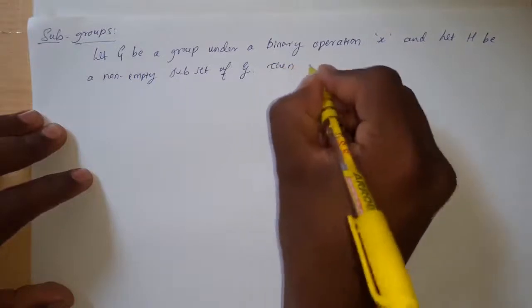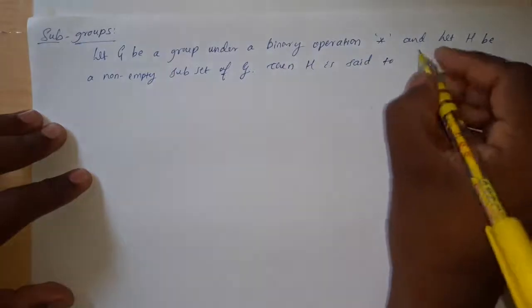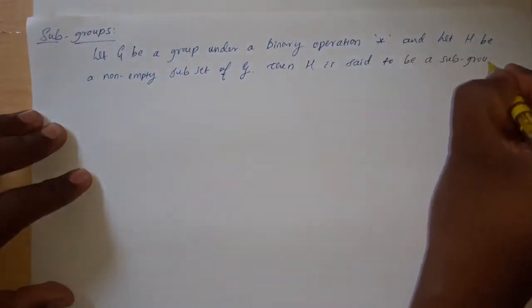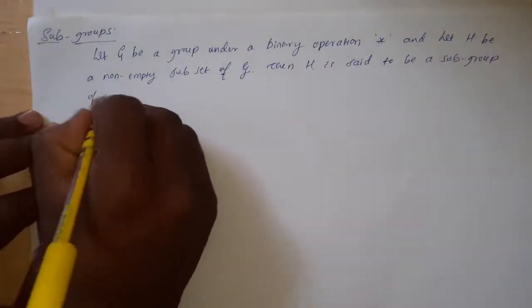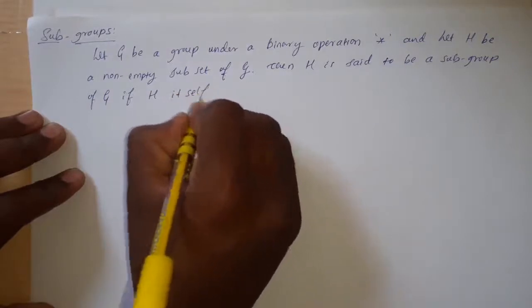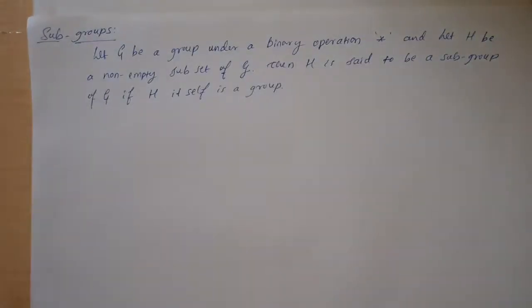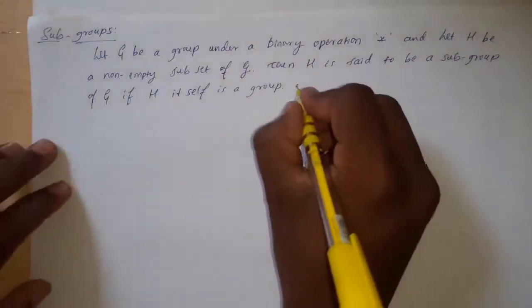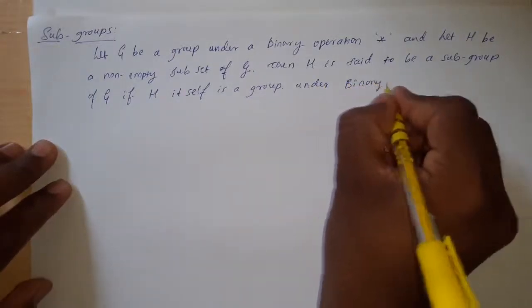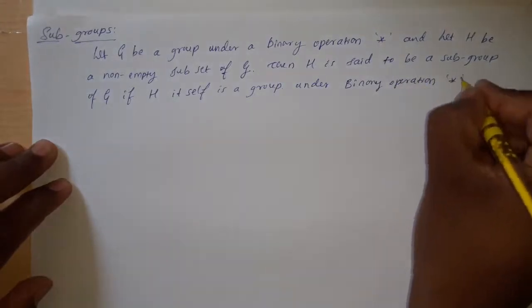Then H is said to be a subgroup of G if H itself is a group under binary operation star.